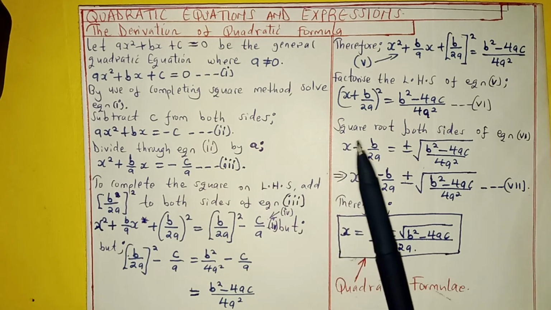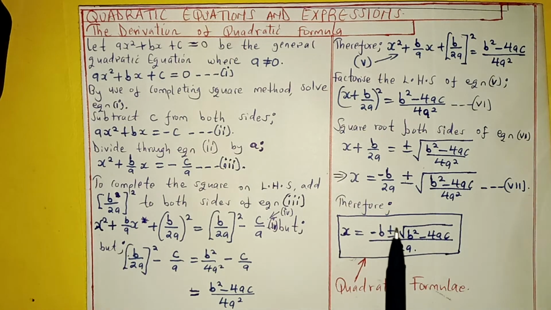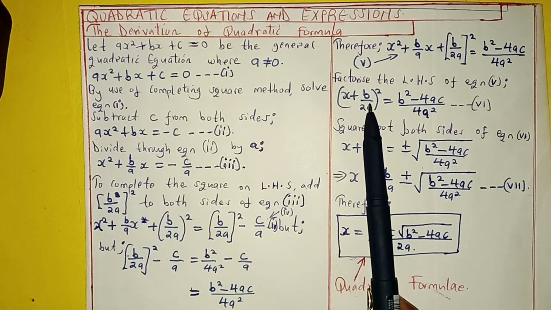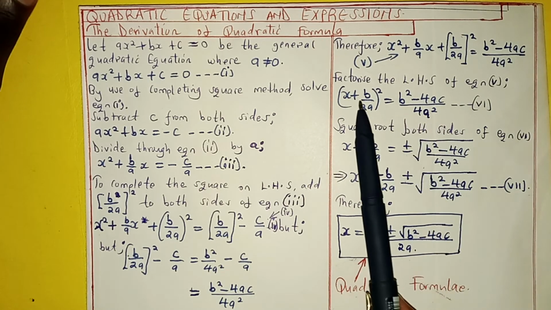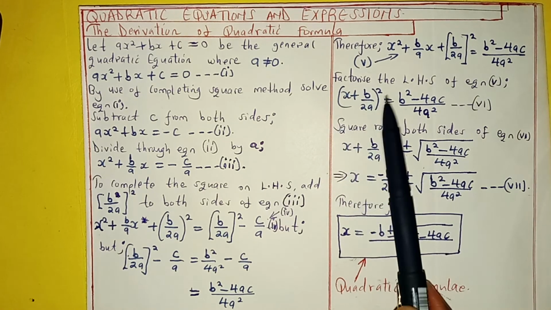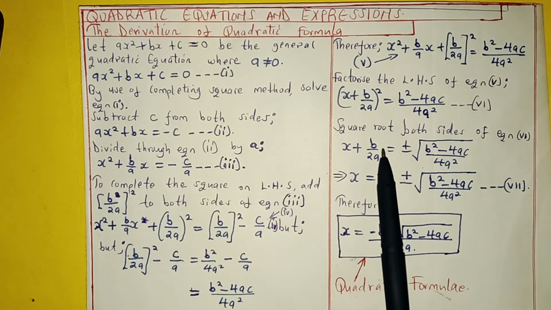Now, we want to get the value of x to arrive at our quadratic formula. So we take the square root of both sides of the equation. Get the square root of this and the square root of that. When we take the square root of this part here, the root sign and the square sign cancel out, and we remain with x plus b over 2a.